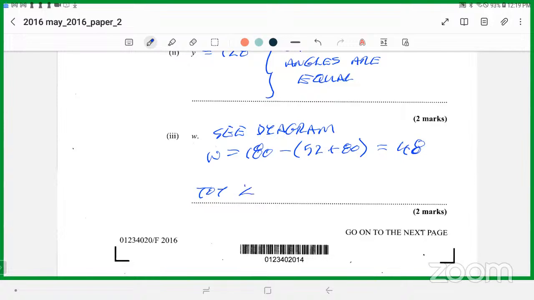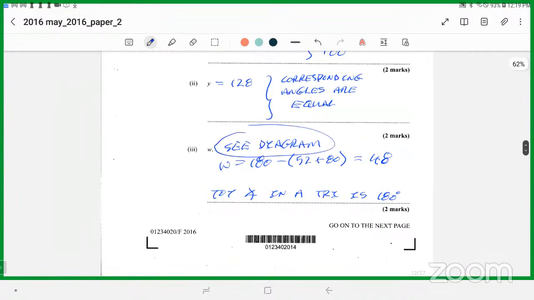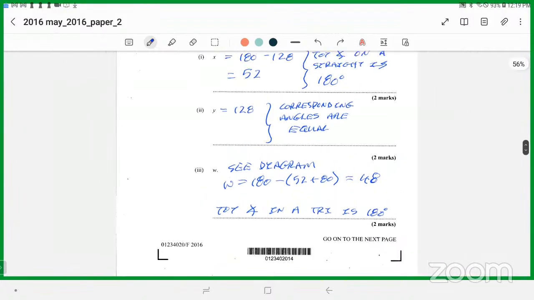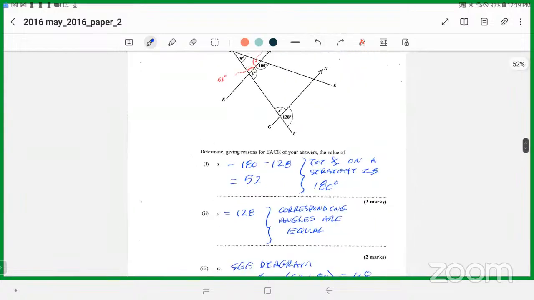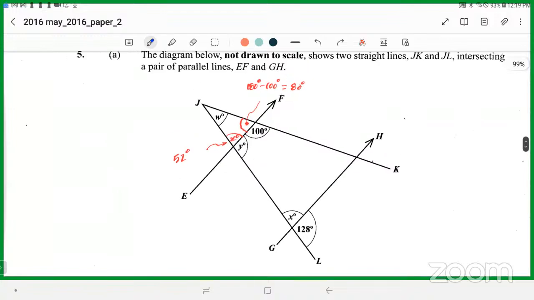Total angle in a triangle is 180 degrees. All right, that's what we did. So we adjust to the diagram. I don't have a lot of space to show a lot of calculation, so I put some of the calculations on my diagram right there.